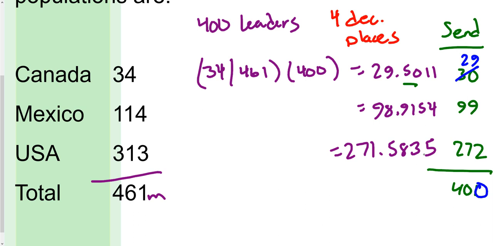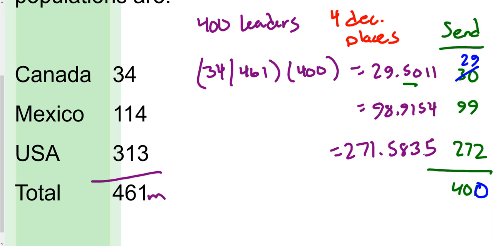Well, notice that Canada was by far the smallest anyway, and it was by far the smallest represented. Yes, it has a small population, but the smallest represented, and they ended up losing one. Is that very fair? If Canada loses one, they've lost 3% of their representation.